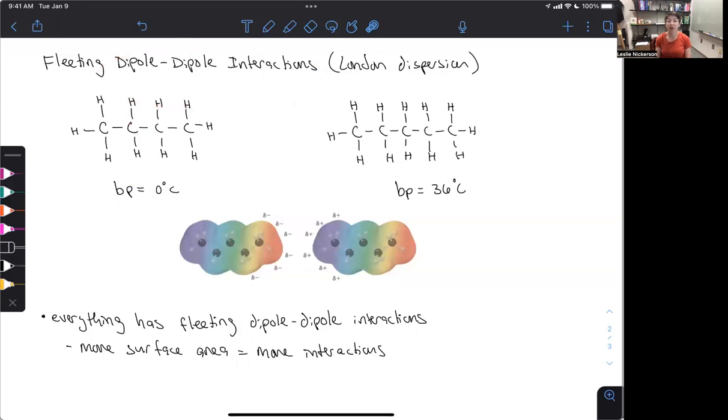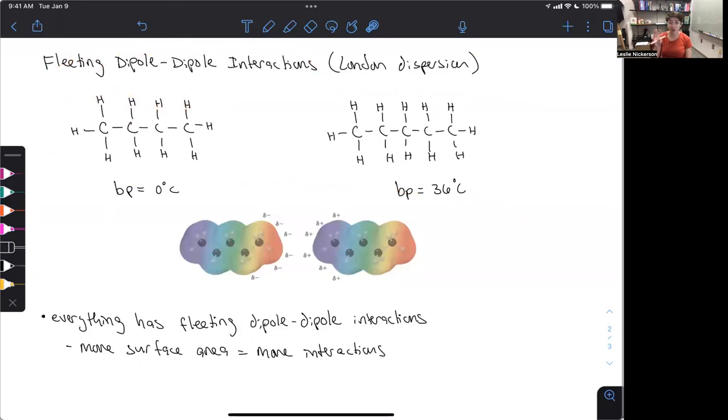That's going to be a really big factor for large molecules. You'll see that even stuff that has hydrogen bonding, if they're larger, they're also going to have the impact of this as well. But if you're just talking about hydrocarbons, this is the only intermolecular force that they have because they don't have any real dipoles, which is required for the other two options.